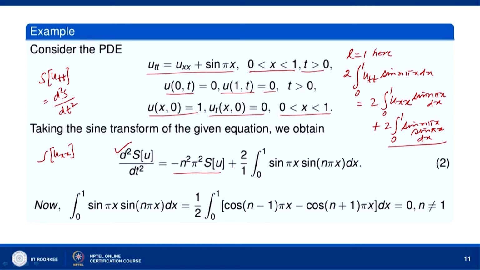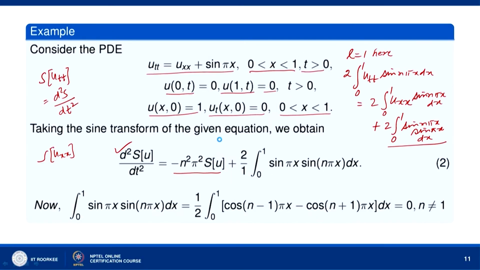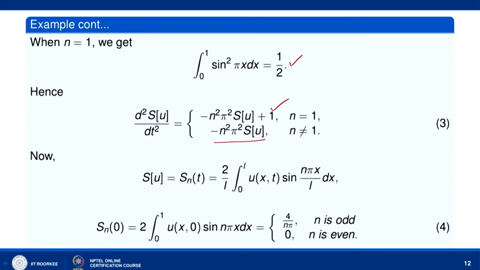So, we will get d square s u over dt square equal to minus pi square s u plus 1. So, this is for n equal to 1. And then for n not equal to 1, this part becomes 0. So, we get d square s over dt square equal to minus n square pi square s u. So, this is the value when n is not equal to 1, this value we have when n is equal to 1.